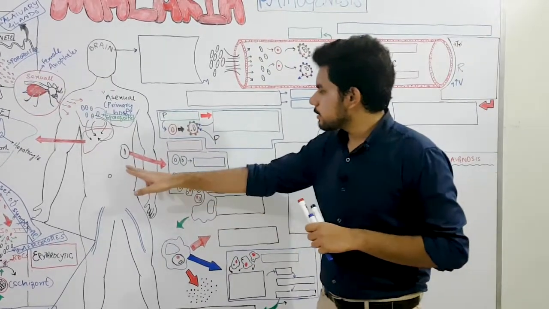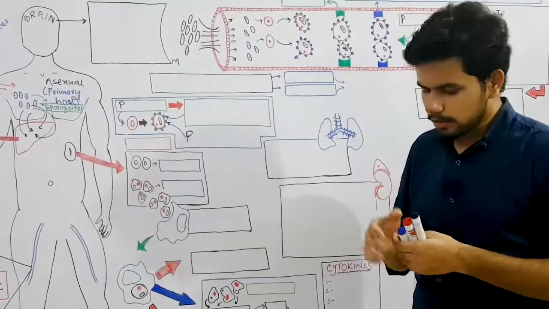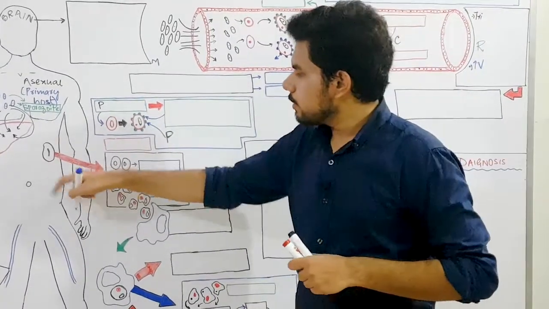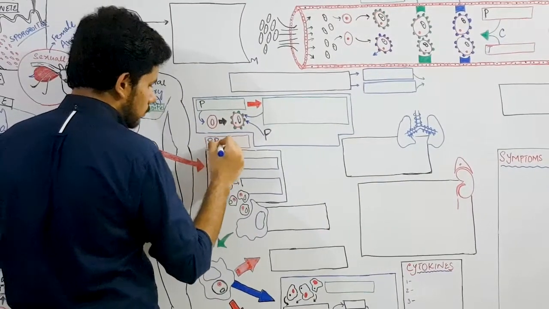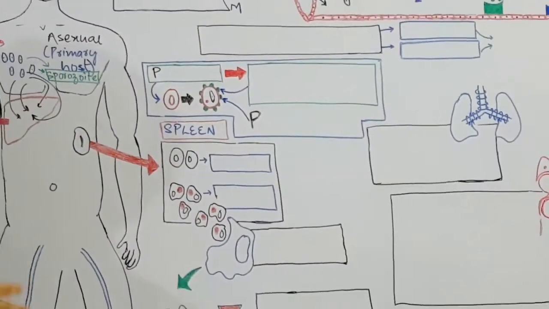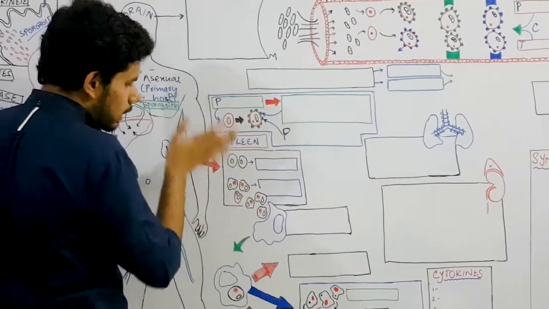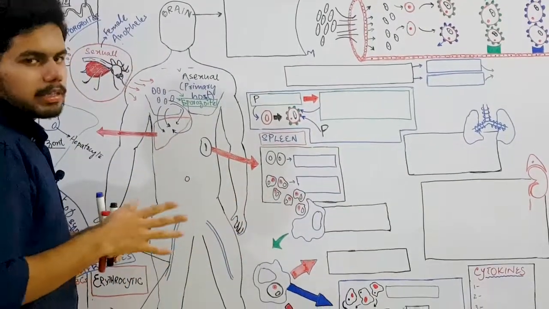So these red blood cells come to a special structure called spleen. You can see here, this is spleen. All the damaged RBCs come to the spleen, and in the spleen we will see the pathogenesis of malaria.